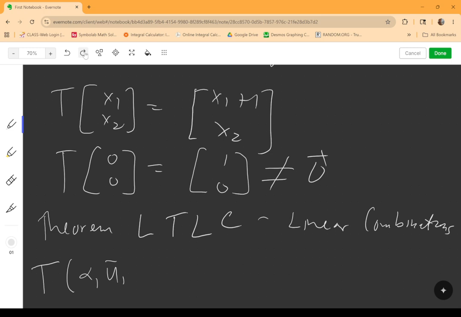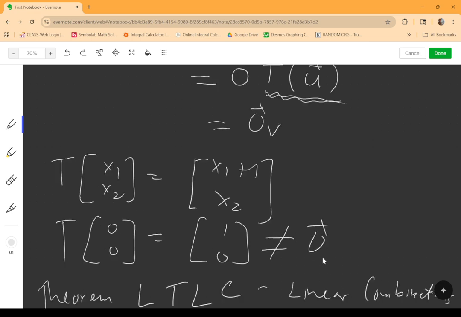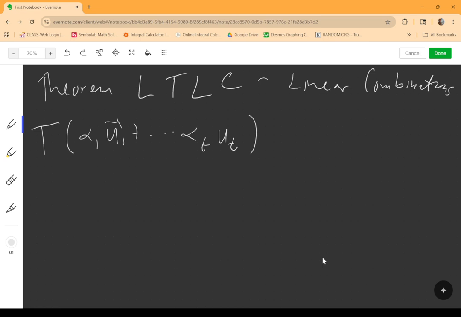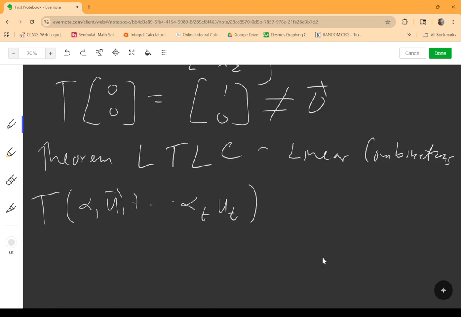What this states is, if we have a linear combination of, let's say, t vectors, and the linear combination as it's written here is in U, well, this linear combination commutes onto V because of the linear transformation properties.